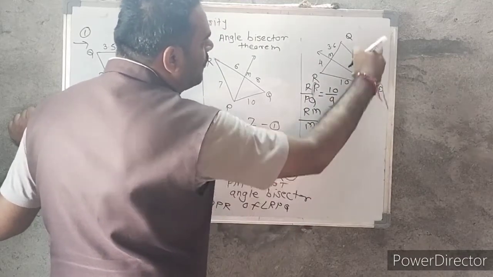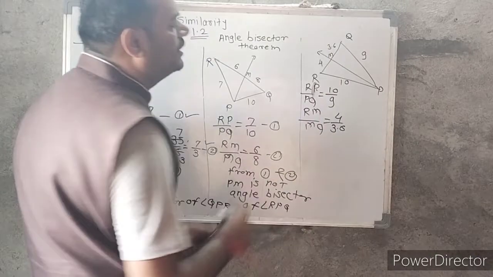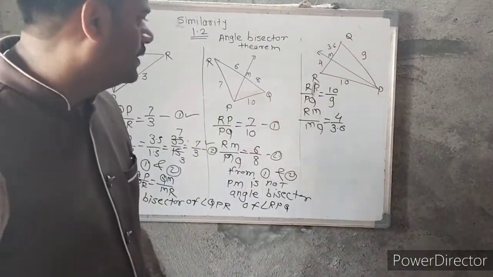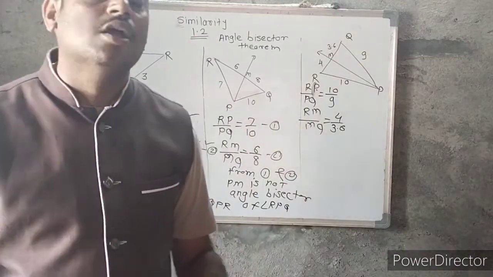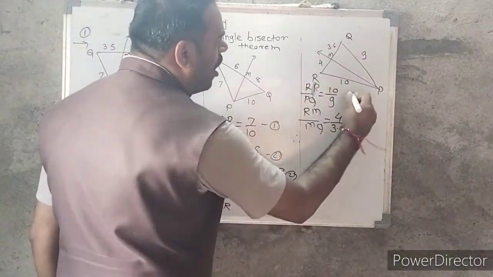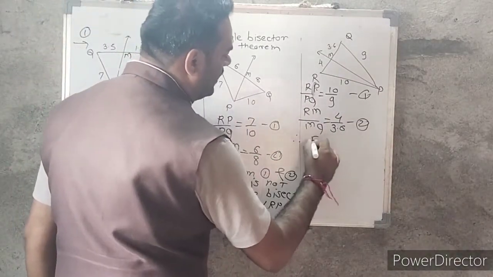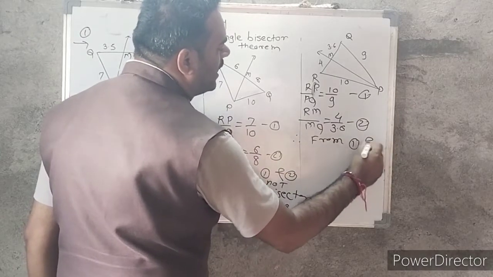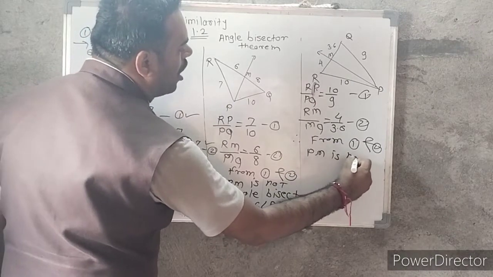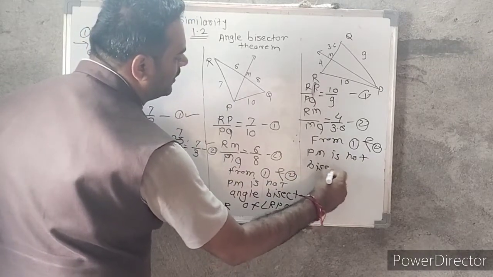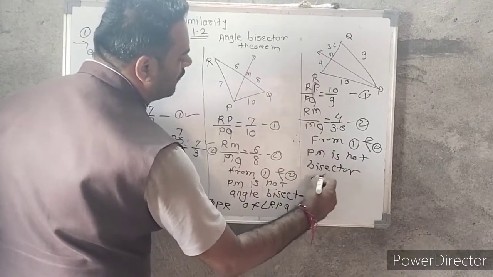So are they matching? Yes or no? No, definitely. If you reduce this one, they are not matching. So what is the answer? From 1 and 2, we can say that PM is not a bisector of angle RPQ.